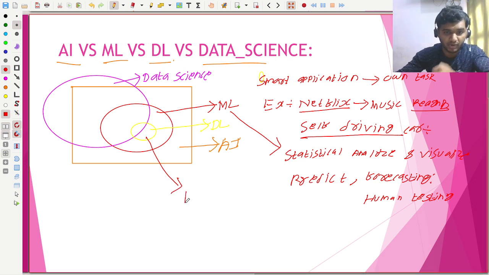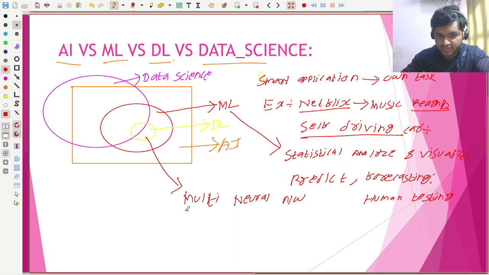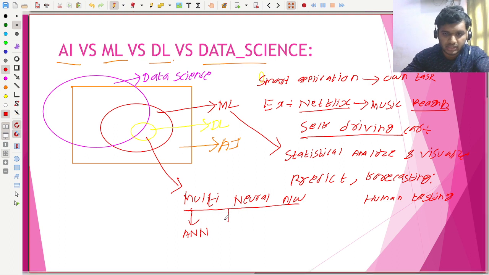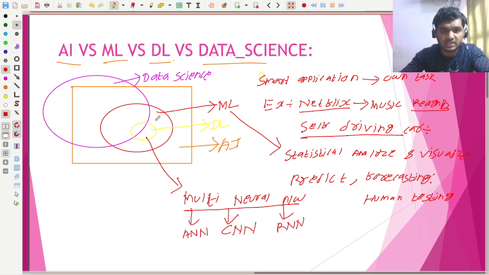Deep learning is multi neural networks, and here there are three types: ANN, which we'll discuss in depth, then CNN, then RNN.